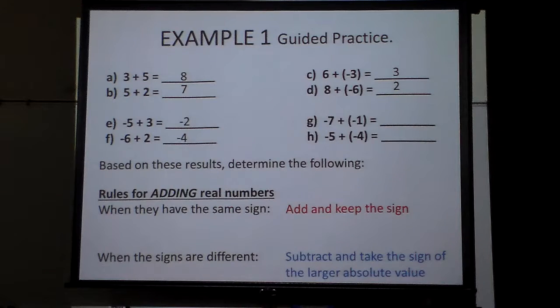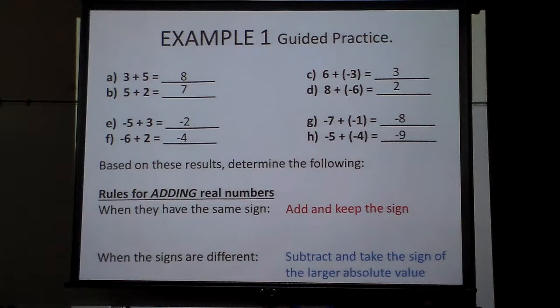And the 4 is negative because 6 is larger. Makes it negative 4. Now look at G. Are they same or different? They're the same. So am I going to add or subtract? I'm going to add and make negative 8. So look at H. Are they same or different? They're the same. So I'm going to add and then keep them the same way.